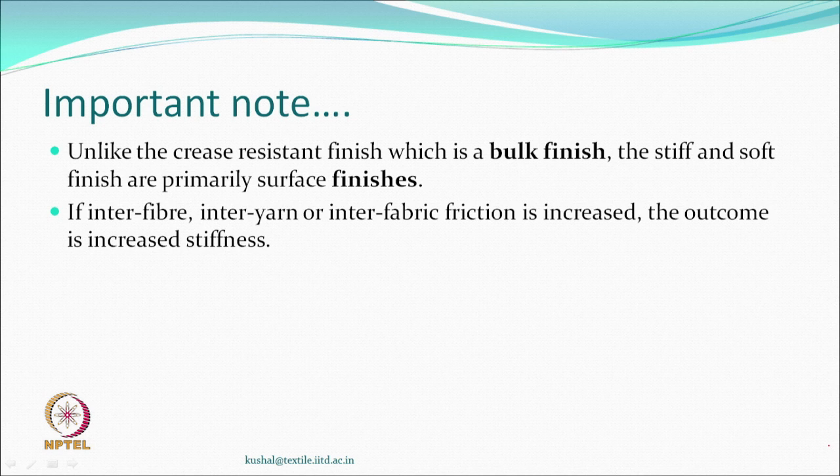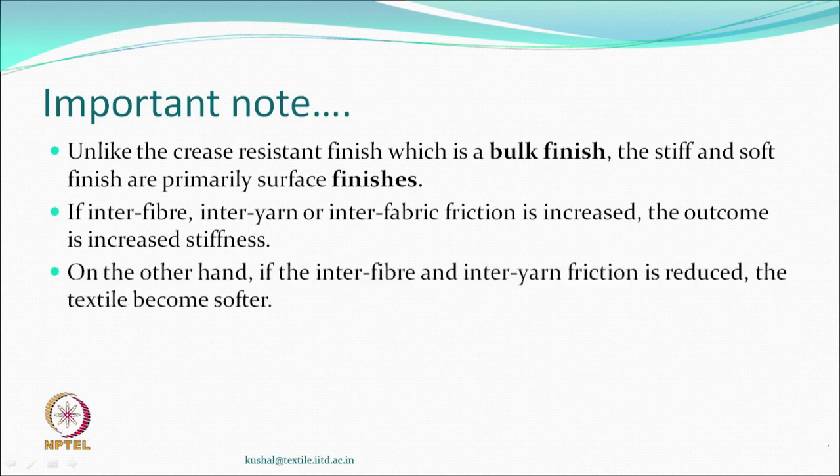If it is reduced, then it is soft. If you increase it, then it becomes a stiff material. All right. So, when you reduce it, it becomes softer. If you increase it, it becomes stiffer, right.